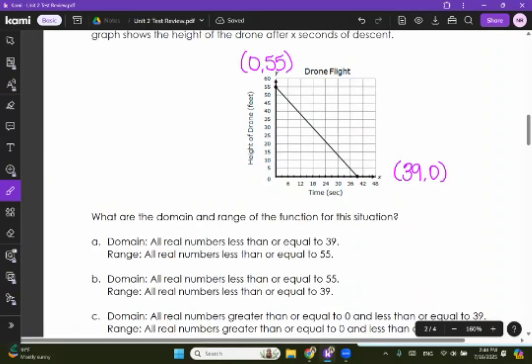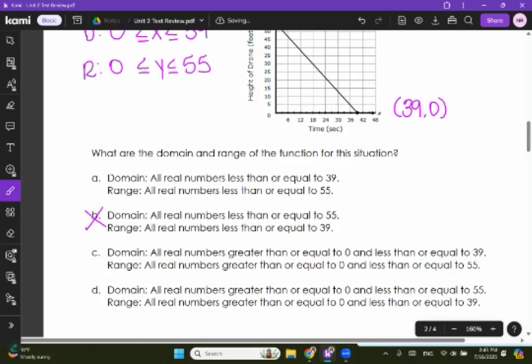So for my domain, we go from 0 to 39, range 0 to 55. Okay, well, we know that 39 is only associated with domain, 55 is only associated with range. So you can automatically eliminate B and you can eliminate D.